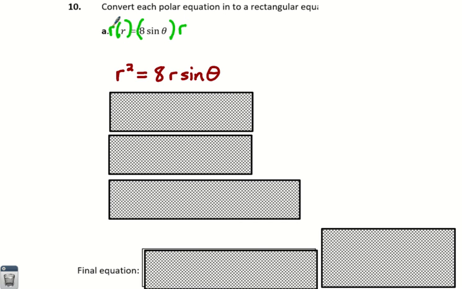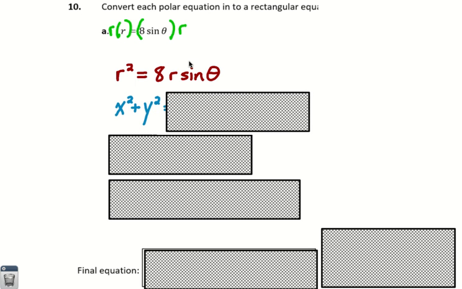Because that would also make the left side into an r squared, but better yet, it would make the right side into this. And if you have an r sine of theta, what could this be replaced with? Like I already said that, or maybe I didn't already say it. R squared can be replaced with what, involving x and y?